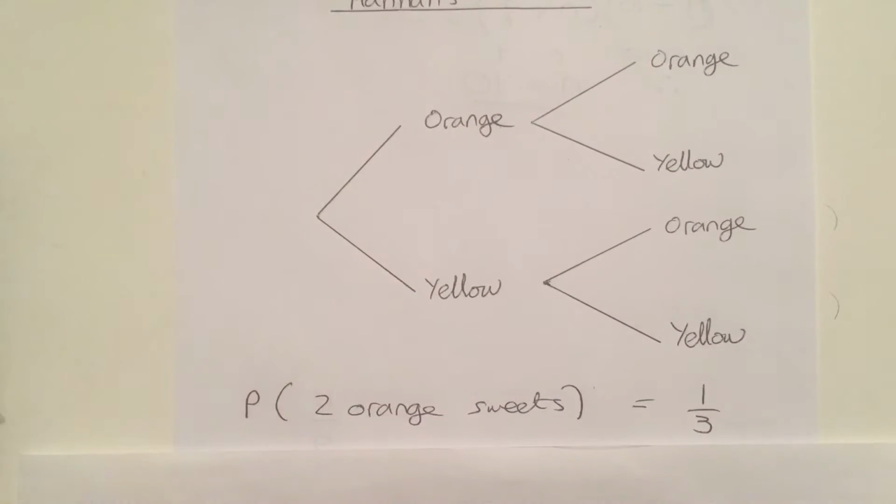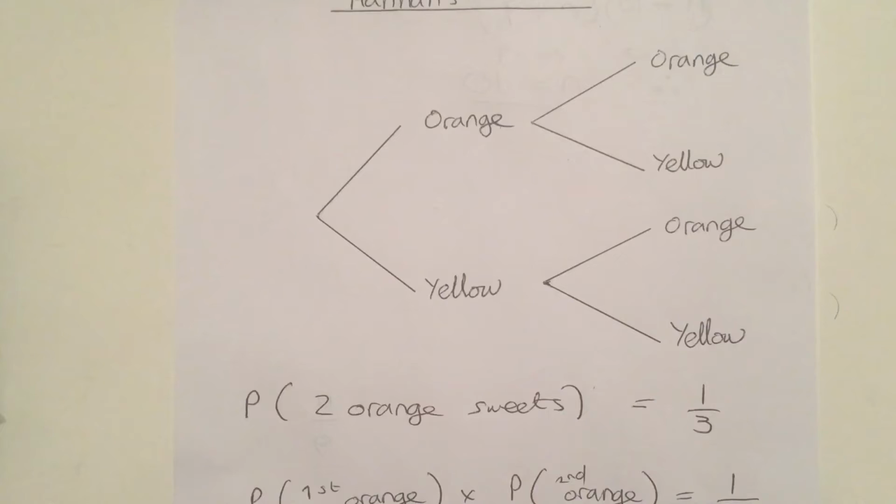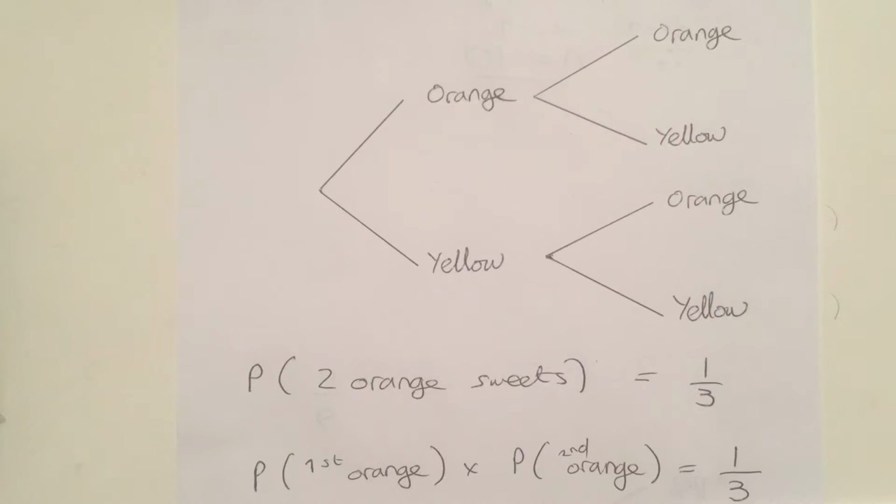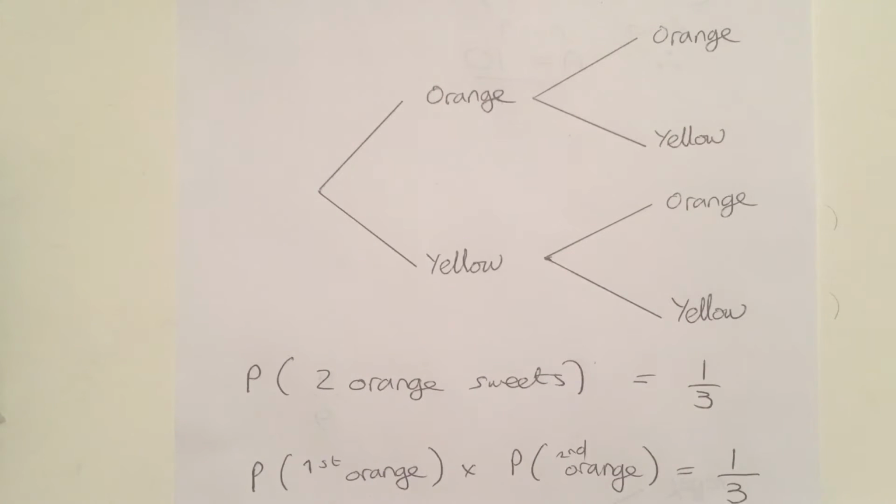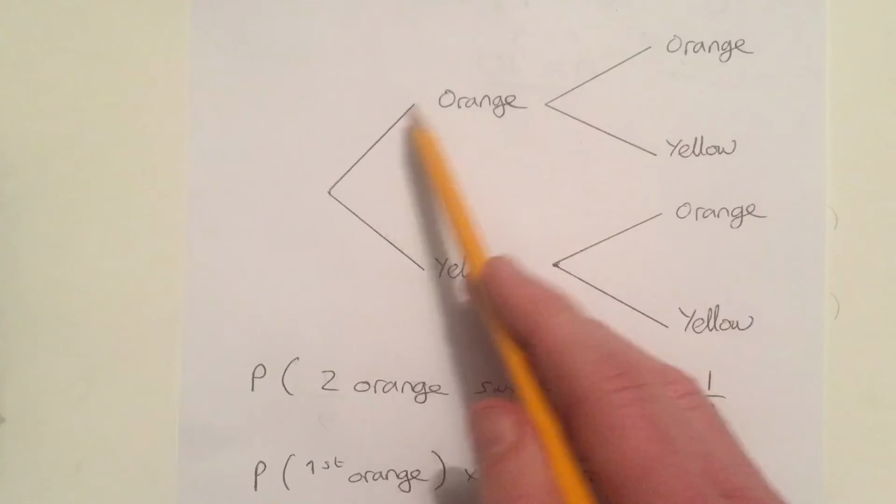Now I know by the AND rule that the probability of having 2 orange sweets will be the same as the probability of the first sweet being orange multiplied by the probability of the second sweet being orange. So I need to figure out what these are.